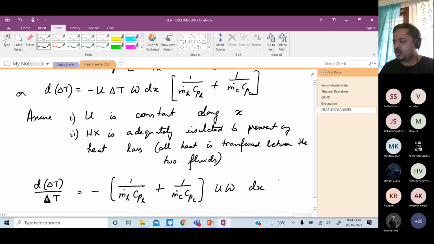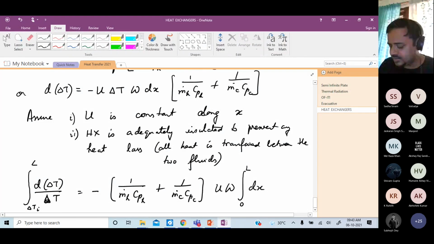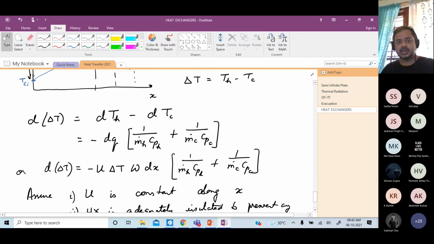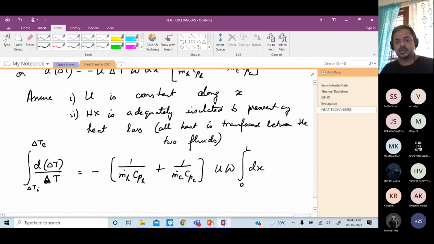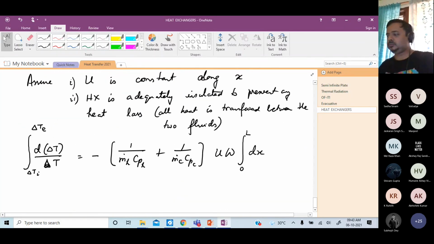Okay, so now I'm going to integrate it from 0 to L, the length. So what would be the corresponding definite integral limits on the left hand side? At x equal to 0, I have delta T i, and at x equal to L, I have delta T e. That is how I drew it.